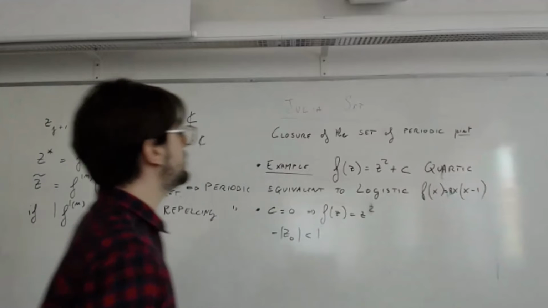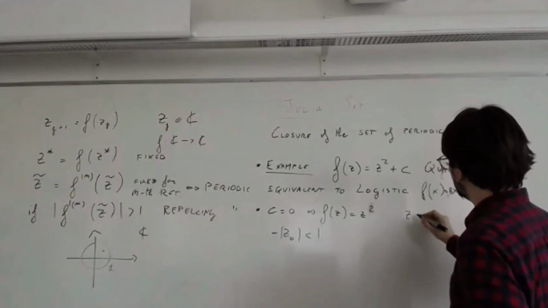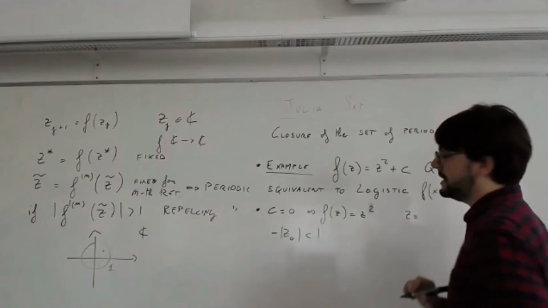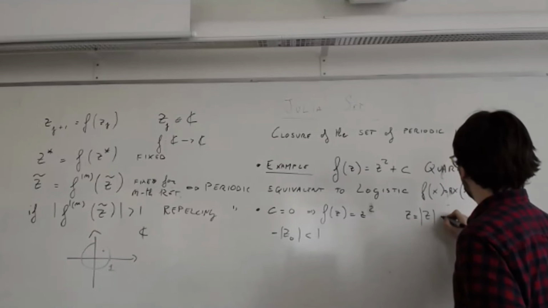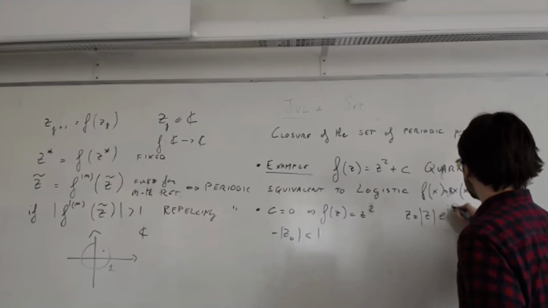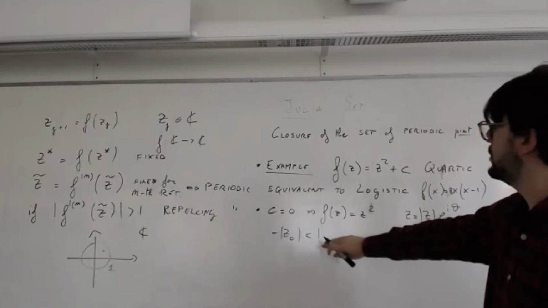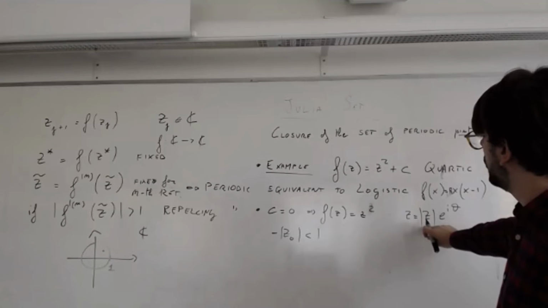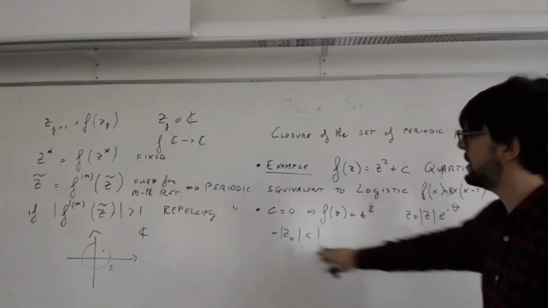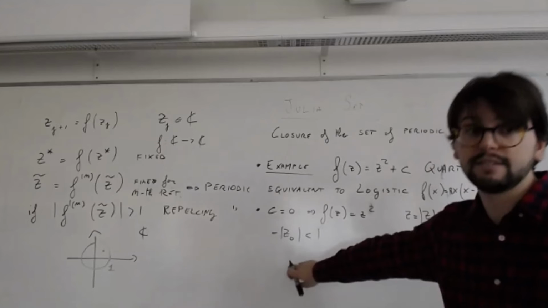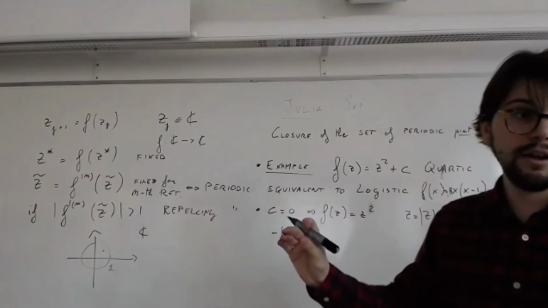If you don't remember your complex numbers, just to remind you, this is the Euclidean notation of a complex number. If the modulus of z0 is less than 1, the modulus of z1 will be simply the square of the modulus of z0, and so if it's less than 1, it will be smaller.